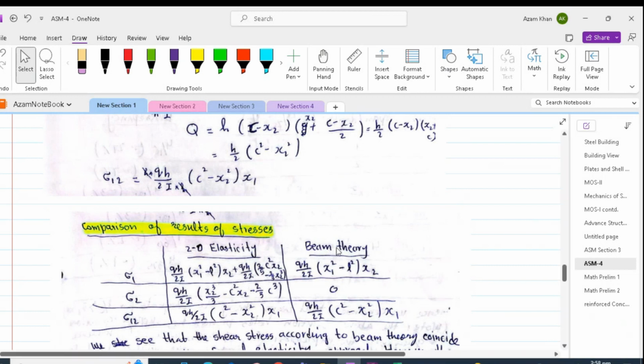In the case of beam theory, sigma 1 is just equal to the first term, which is qh by 2I (x1 square minus L square) times x2.